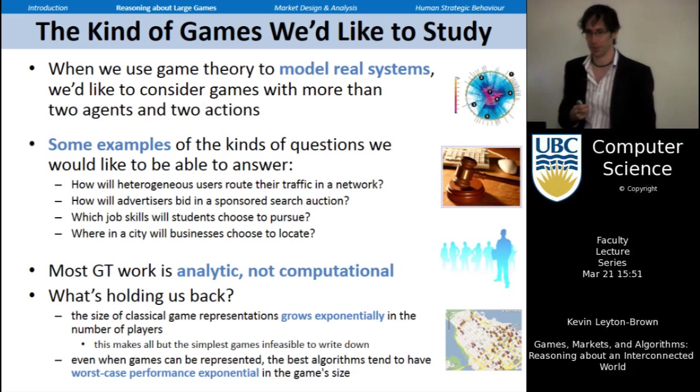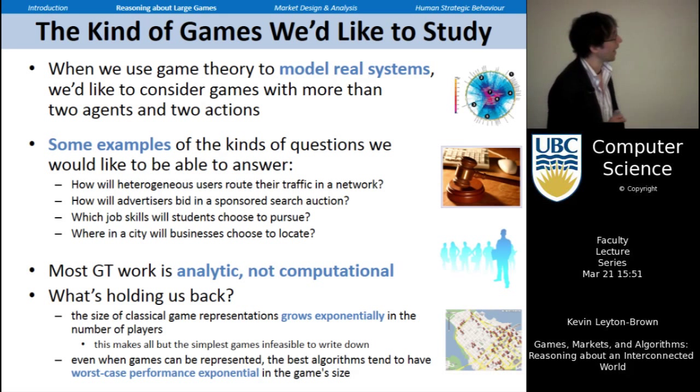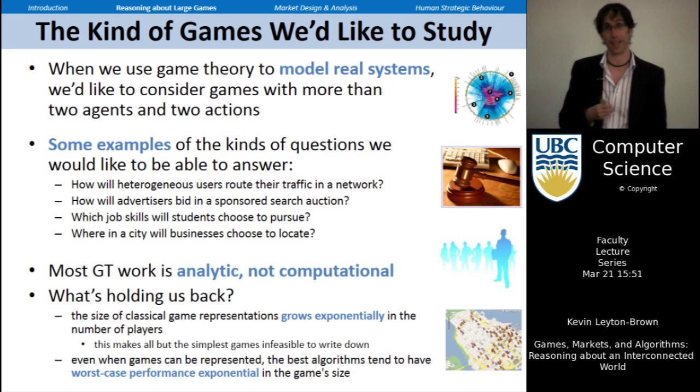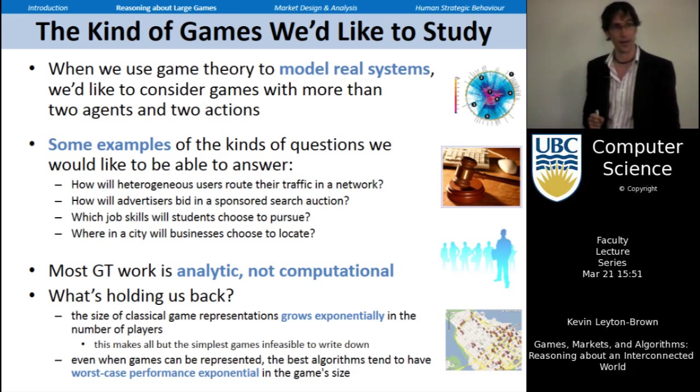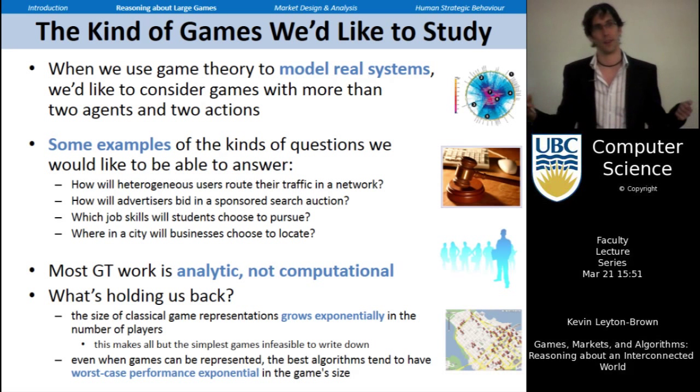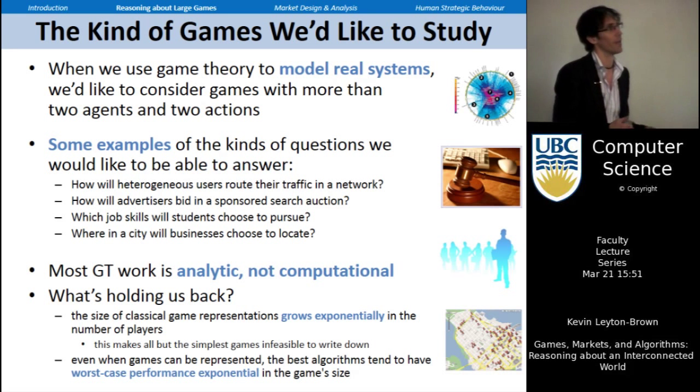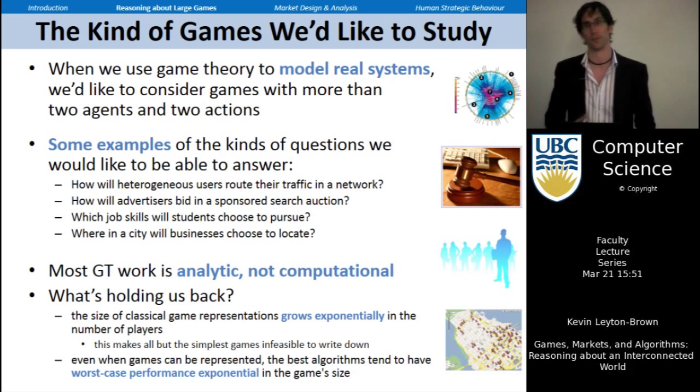That quickly becomes impractical. Not only that, but when I said that the worst case performance for finding something like a Nash equilibrium is exponential, of course I meant exponential in the size of its input, as we always do in complexity theory. And what that means is that it's actually doubly exponential in the number of players. So pretty simple games become pretty unreasonable to reason about computationally.